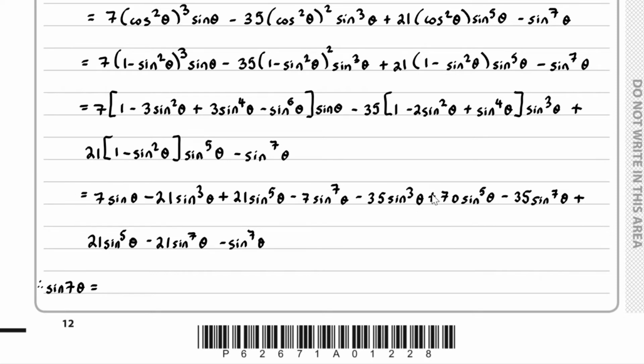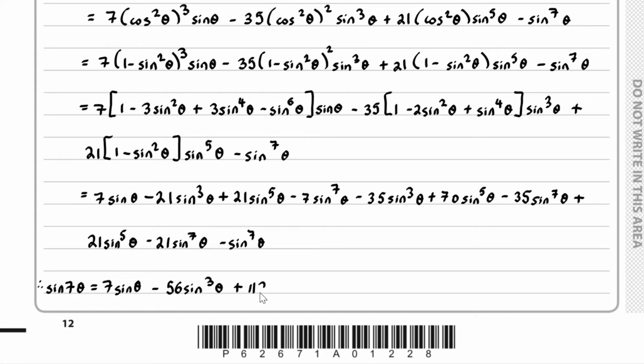So therefore what we can see is sine 7θ is equal to, if we tidy all this up by collecting like terms, 7 sine θ, and then we've got the minus 21 minus 35, so that's minus 56 sine cubed θ. Then we've got 21 plus 70 plus 21, that's 112.